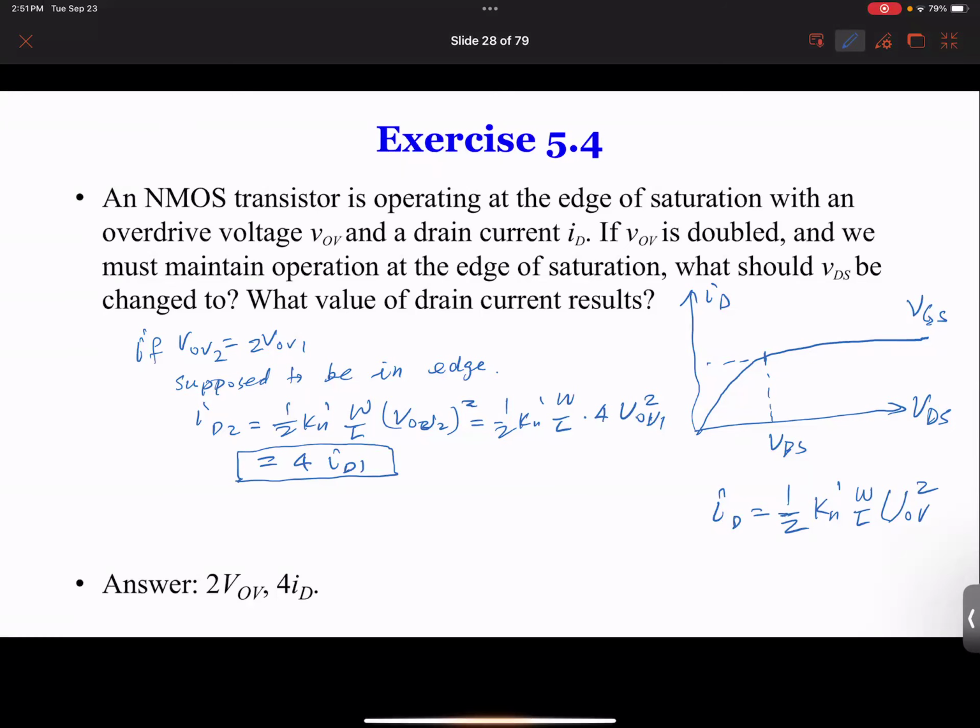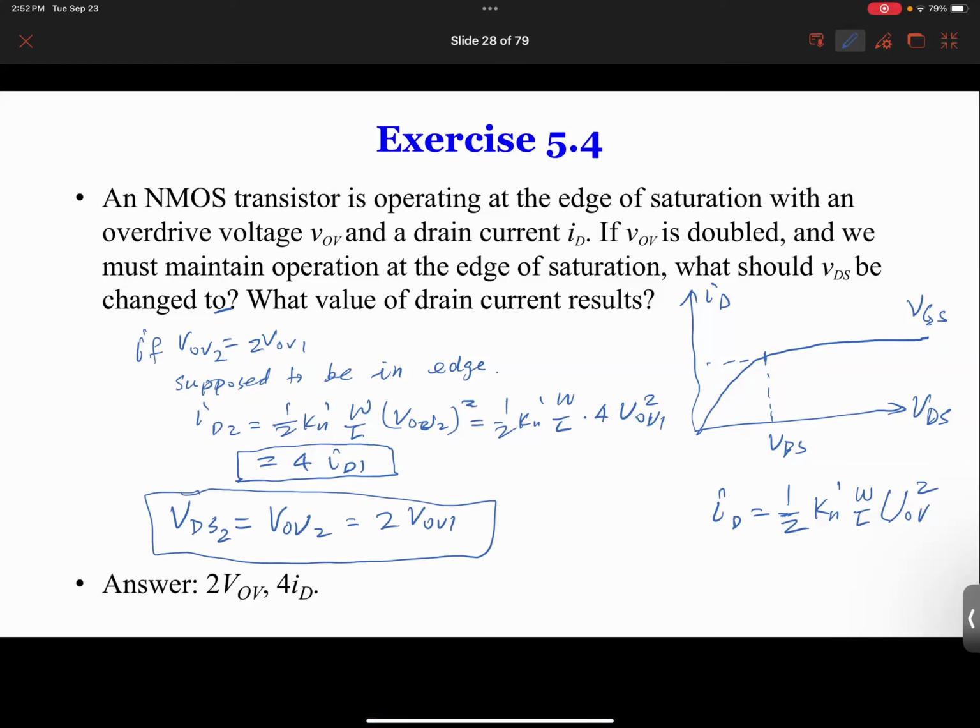And how about VDS? It asks what is the drain current and what is VDS. Well, because we have to maintain the edge, VDS has to be equal to VOV, so VDS2 has to be 2 times VOV1. So this is twice. This is a very simple solution.